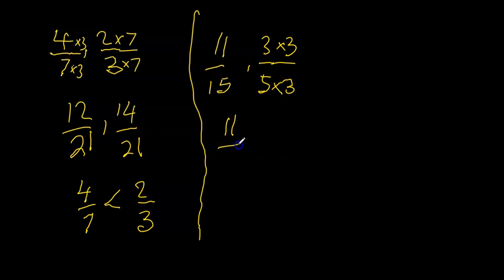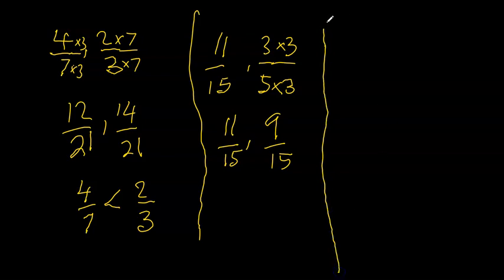So we can have 11/15 and then 9/15. So right away, we see that the first fraction is bigger than the second. Because once the denominators are the same, just compare the numerators and you are done, right? Let's do one last example.